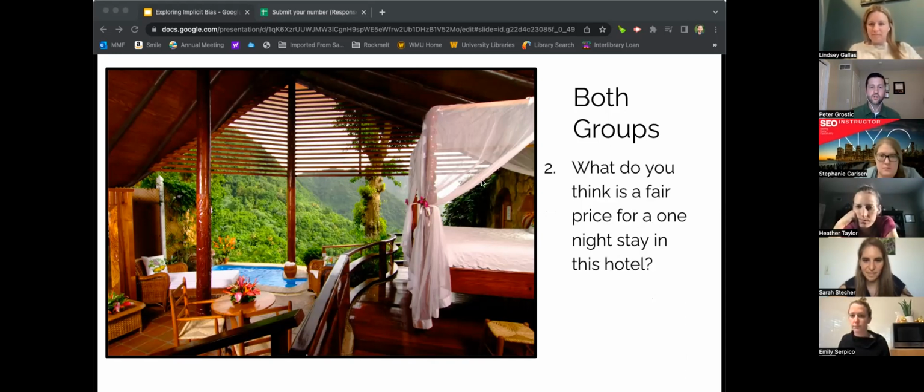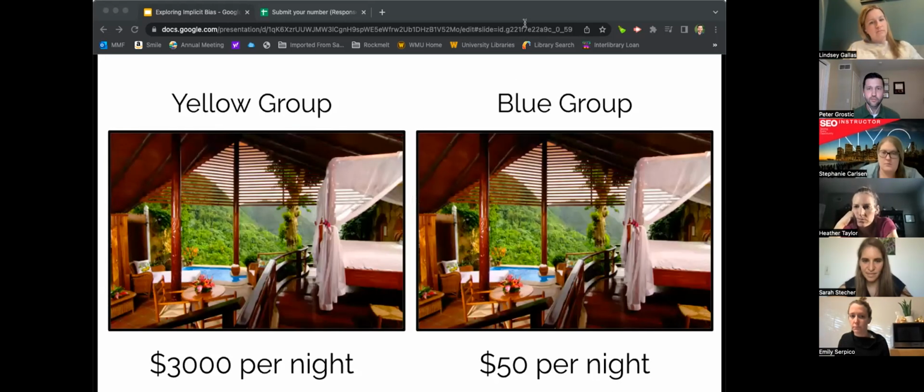And the second question was, what do you think is a fair price for a one-night stay in this hotel? The exact same picture, exact same questions. There's only one important difference, and that was the caption. The caption for the yellow group was $3,000 per night, and the caption for the blue group was $50 per night.